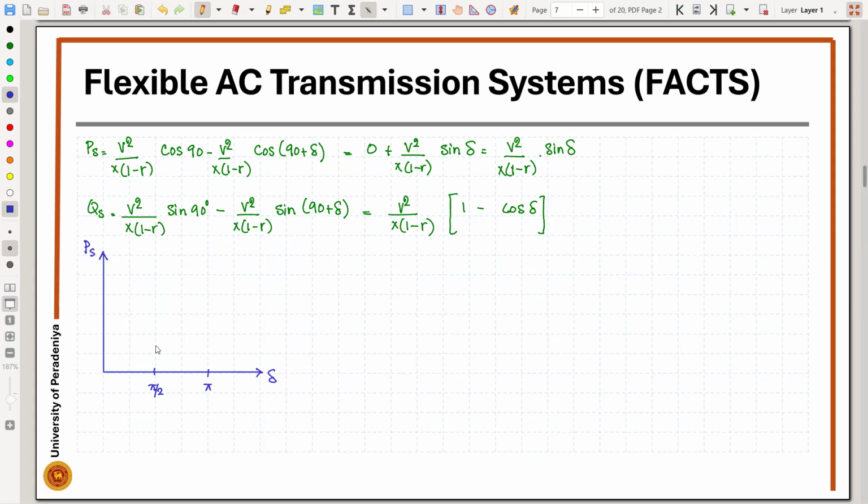The peak will happen at pi/2 and again it will be 0 at angle pi. So the curve would be something like this. But as we change our R value, the amount of power that will be transmitted is going to change. As R increases, 1 minus R is going to decrease. As a result, the power is going to increase.